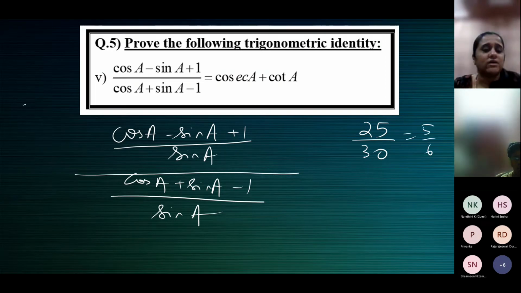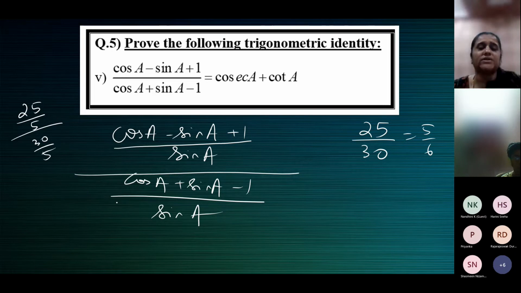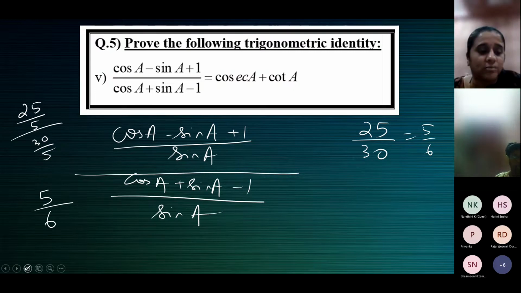We are dividing both the numerator and denominator by 5: 25 by 5 is 5 and 30 by 5 is 6. It's absolutely fine. You are not changing the value of the expression when you divide the numerator and denominator by the same expression.